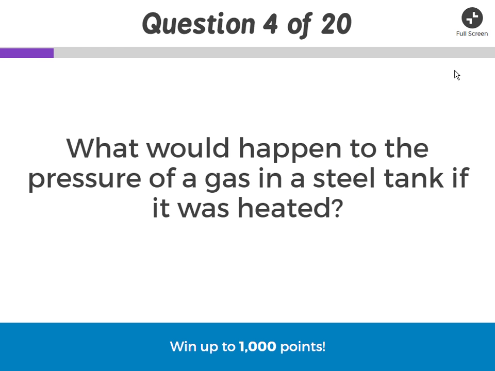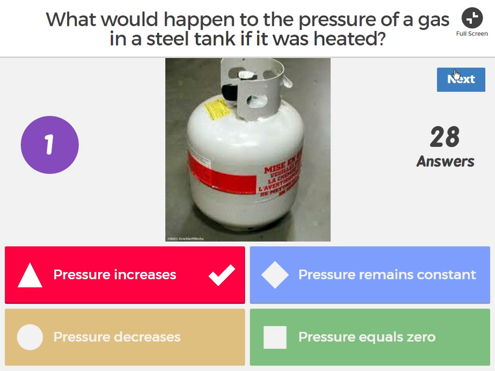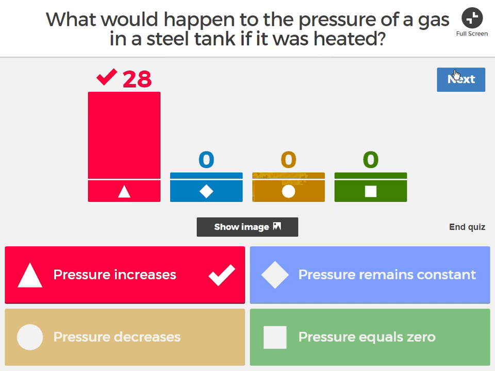What would happen to the pressure of a gas in a steel tank if it was heated? Think about pressure. Heat the gas. Ooh, nice. Lindsay, tell me why.